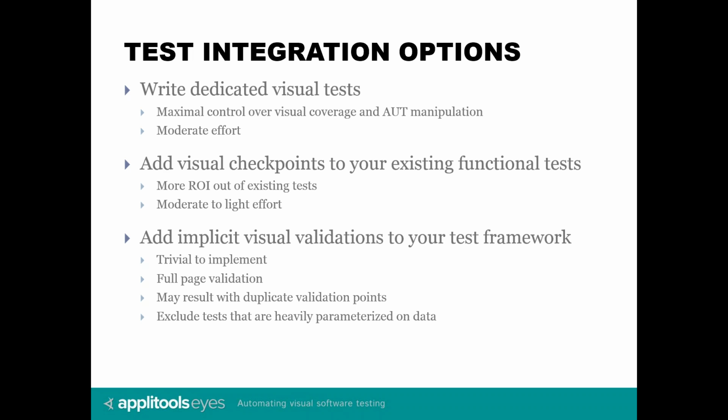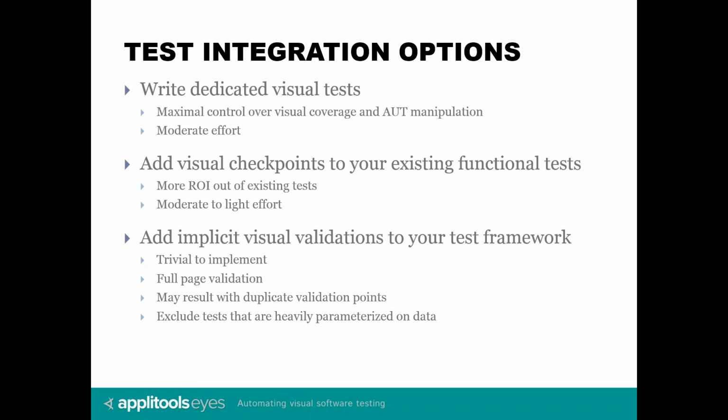Now, the second option, and many teams go for that, is to add visual checkpoints to your existing functional tests. So you already have tests that walk through your application and check functionality. You can just add those check window instructions within them at the places where you want to validate the page, just like we did in the demo before. So this means that you don't have all the flexibility to get to every state of the UI.